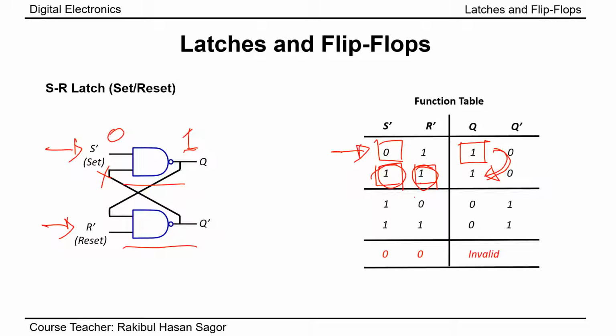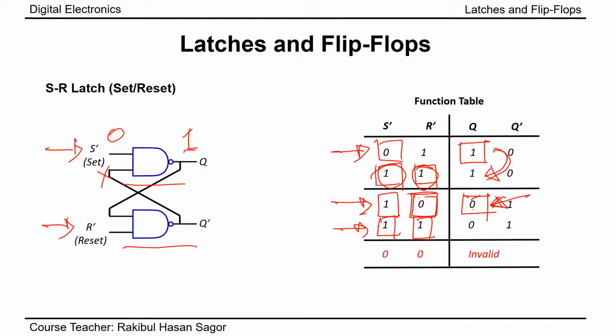When R prime equal to 0 means R equal to 1, and S prime equal to 1 means S equal to 0. This is the reset condition. So the output will give us the reset value. Reset value means 0 value. Again, after this condition, if I give S prime equal to 1 and R prime equal to 1, what does it mean?